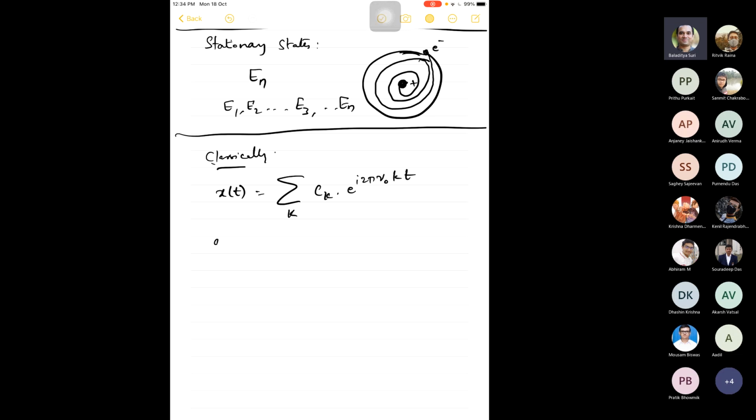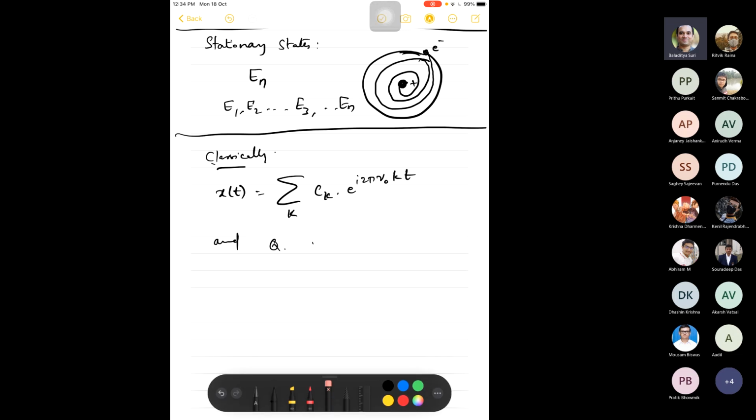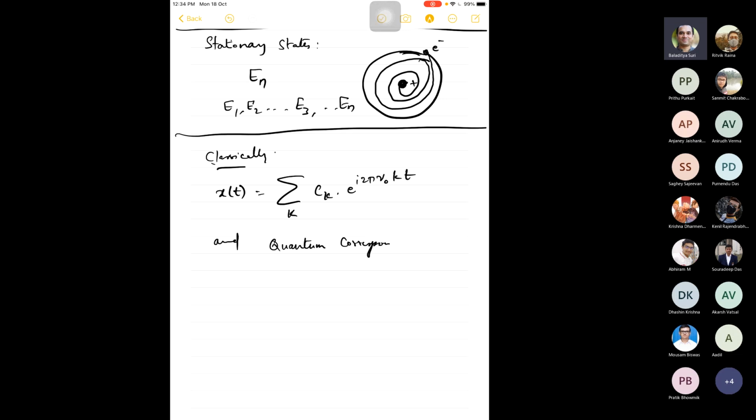Quantum mechanically, or quantum theoretically, there was no word called quantum mechanics at that point, but according to Bohr's quantum theory, according to quantum correspondence, the transition rate from n to n minus k was proportional to mod c_k squared for large n.